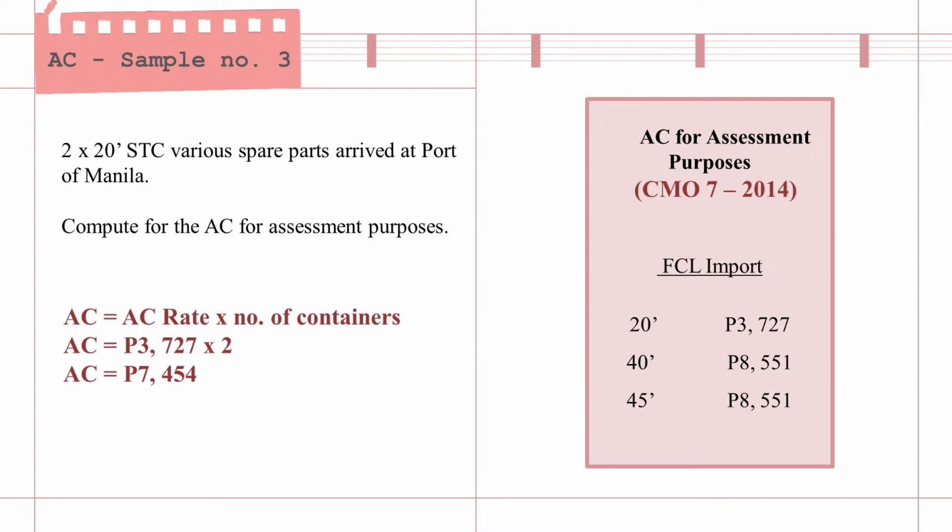And in this sample, the cargo is 2 by 20 footers. And as you can see here, the 20 footer arrastre charge is 3,727. So let's just multiply it by 2 because it has 2 containers. Then the arrastre charge for this sample is 7,454.